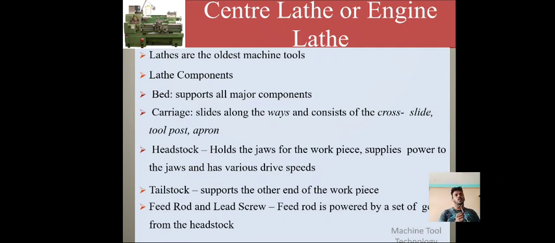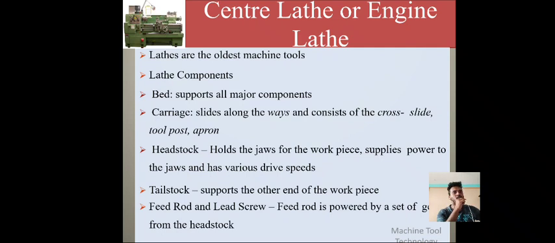Lathes are the oldest machine tools, and its components have been derived. The bed supports all the major components and is made up of cast iron. The carriage slides along the ways and consists of the cross slide, tool post, apron.